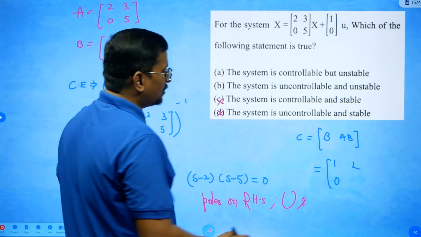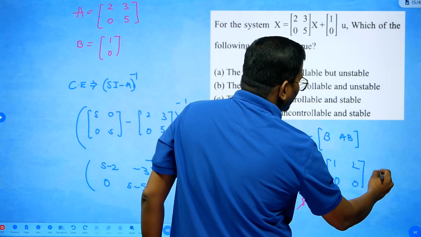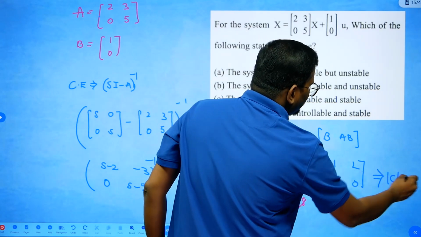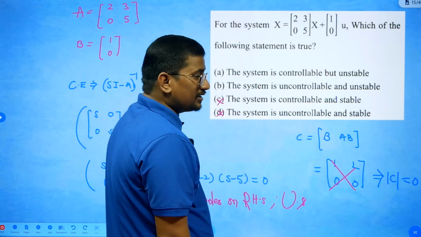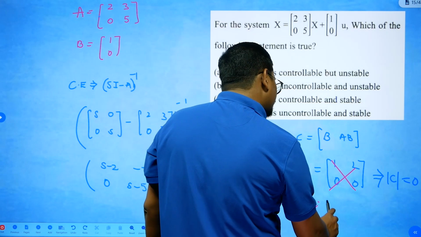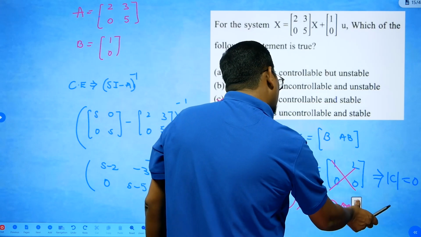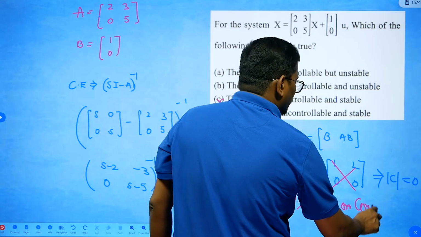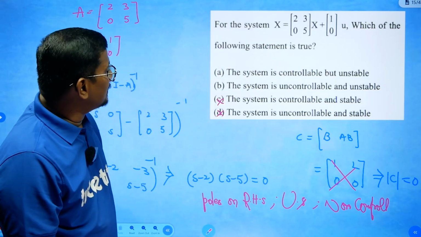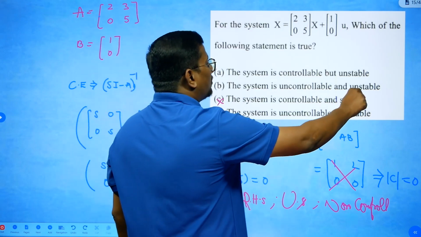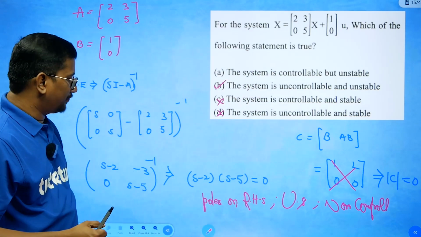So therefore the determinant of C is equal to ad minus bc, which is 0. So therefore it is not controllable, non-controllable. So therefore I can say the system is unstable but uncontrollable. Can we say this? Yeah.